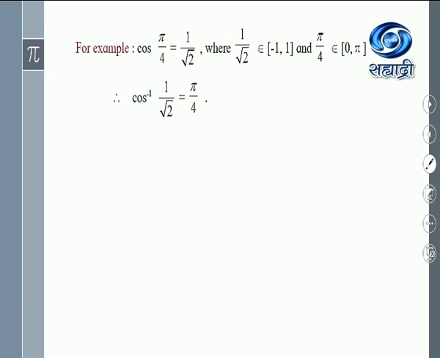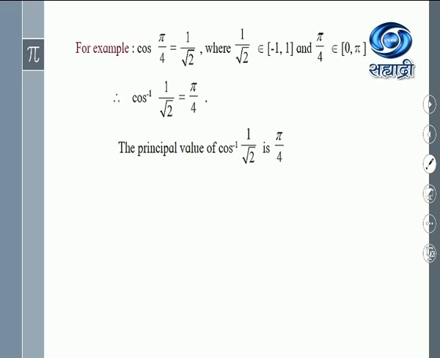Now cos inverse 1 upon root 2 we find. If cos pi by 4 is 1 upon root 2, we can write cos inverse 1 upon root 2 is equal to pi by 4, and therefore the principal value of cos inverse 1 upon root 2 is pi by 4. But every time you will have to check these two conditions for cos inverse.